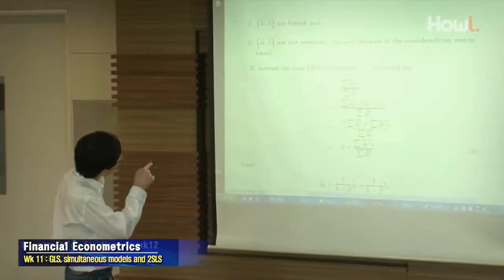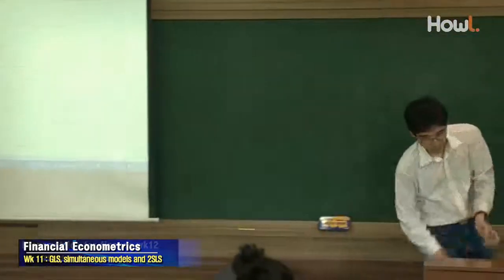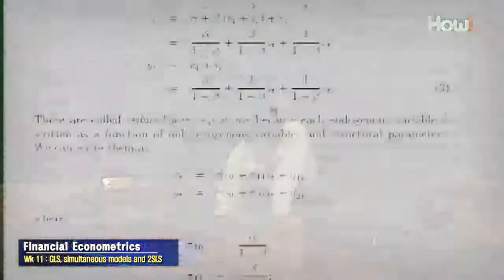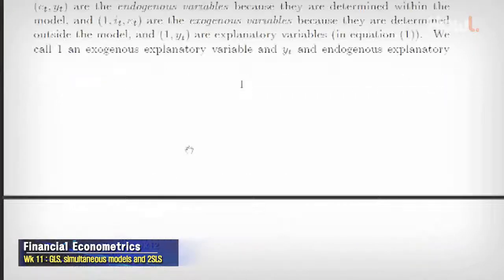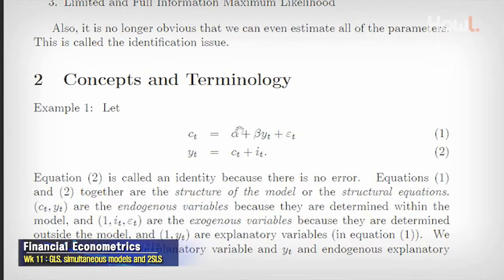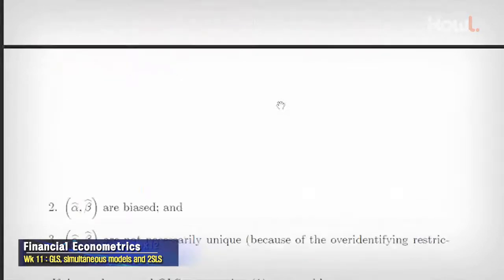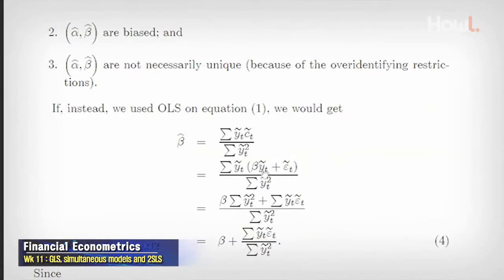And we plug in c squiggle. C looks like this, so we calculate the deviation from the mean, and then c squiggle becomes just beta y squiggle plus epsilon squiggle. So we put this value over here.